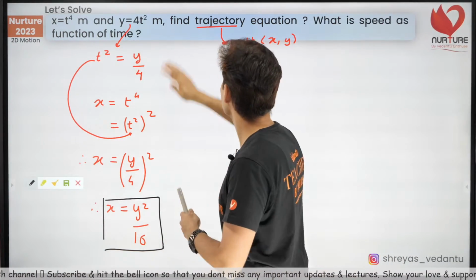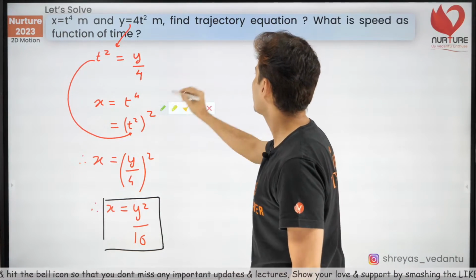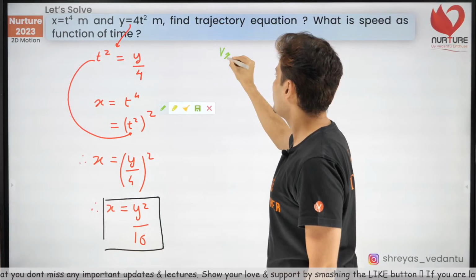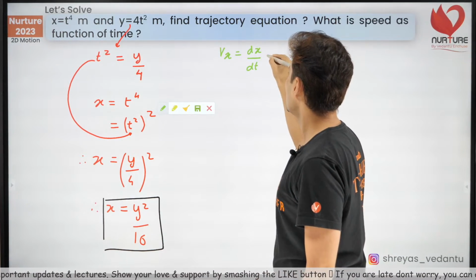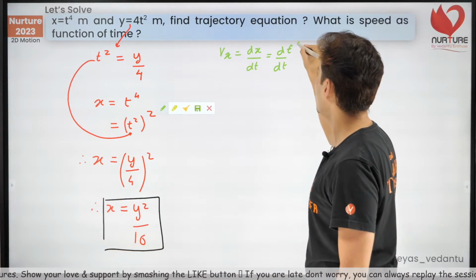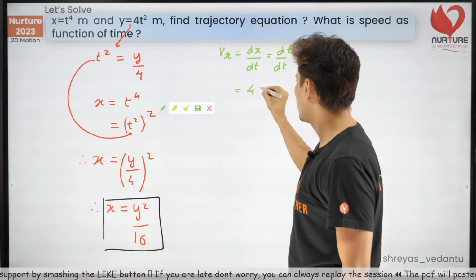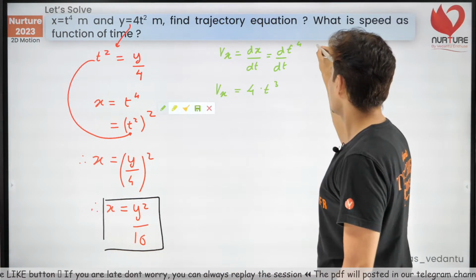The next question is, what is the speed? Let's figure this out. X is given, y is given. So Vx will be dx by dt, which is d by dt of x. X is t raised to 4. So the derivative of t raised to 4 is 4t cube. That's Vx.